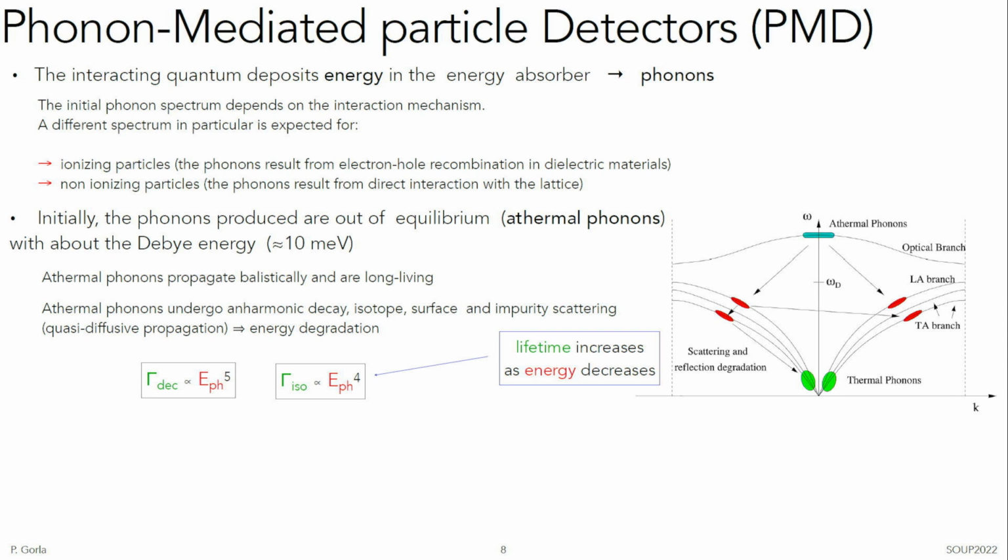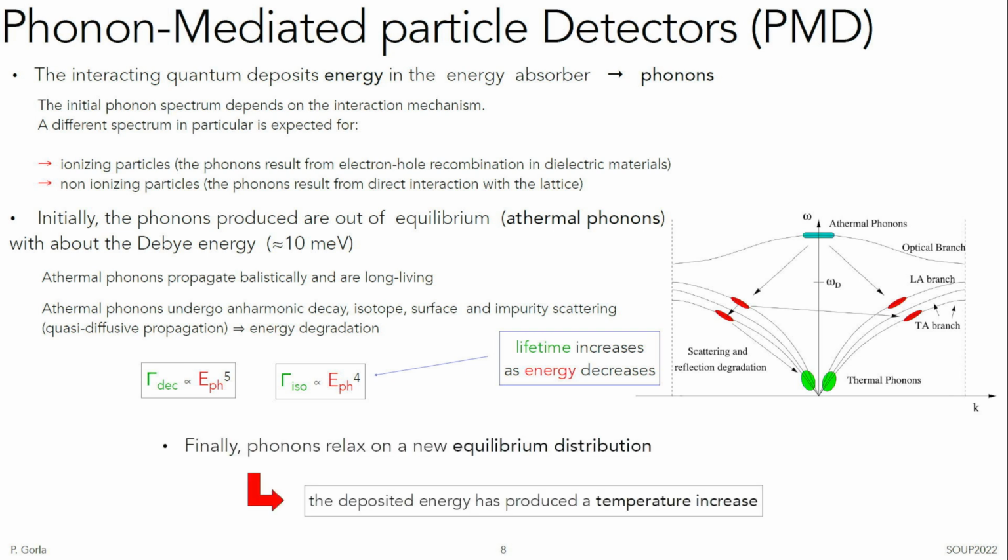And since this is proportional to energy, the lifetime, the inverse of gamma, is increased as the energy decreases. And finally, you get to this new equilibrium distribution of phonons inside the crystal, which is exactly the temperature of the crystal. And you get, in this way, a temperature increase.